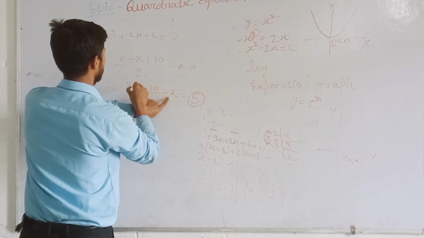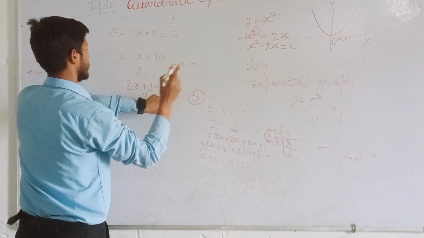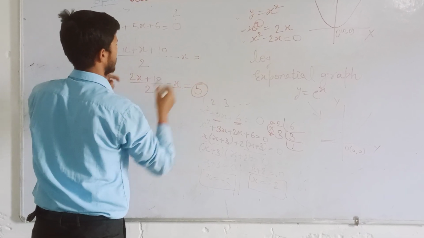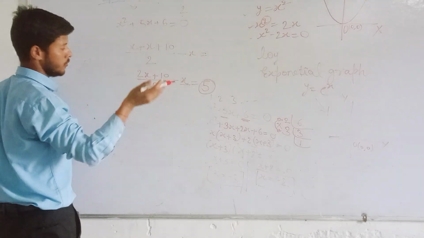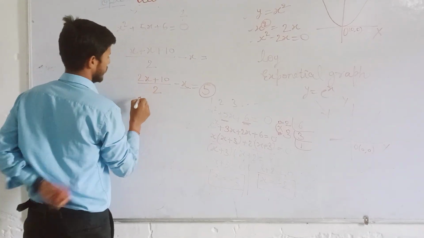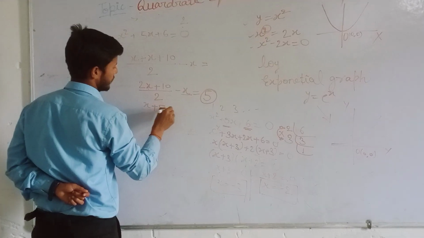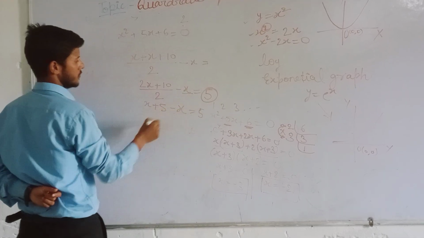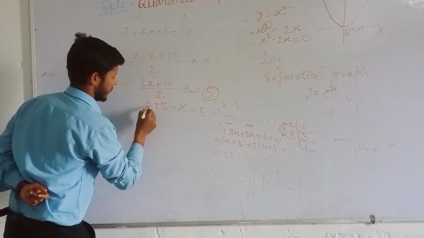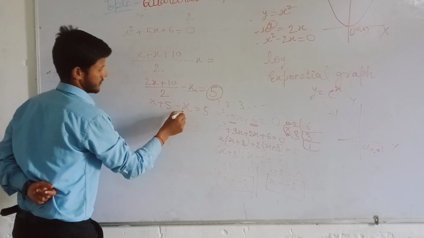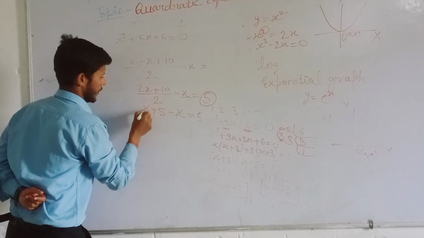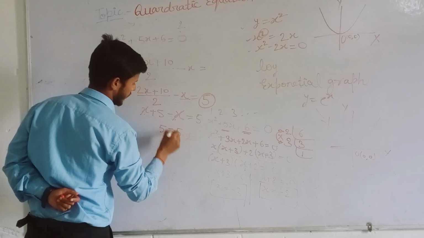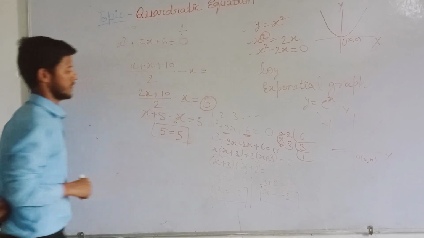Which number you have taken, that one part will be subtracted from the whole number, then your result will be 5. How is it possible? Now we will solve that. x plus 5 minus x is equal to 5. Now this x and this minus x can be cancelled, and now 5 is equal to 5.